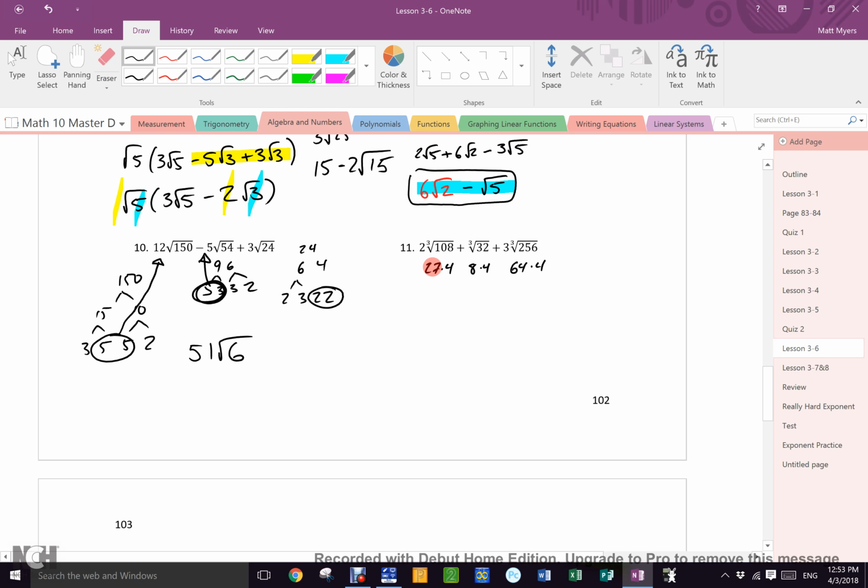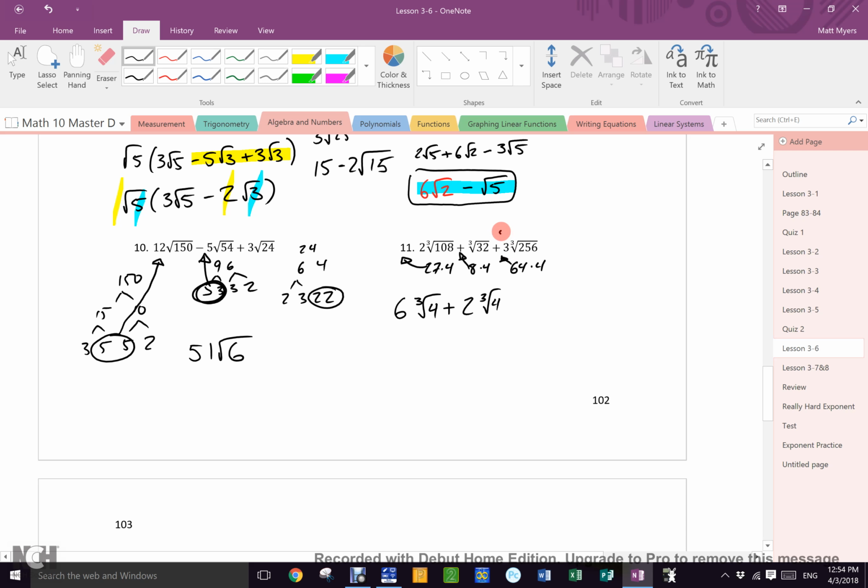Cube root of 27 is what? 3. So what comes out? 3. What's already out there? So what do I got? 6 cube root 4. Plus, what's the cube root of 8? 2. What's already out there? Nothing. So it's 2 cube root 4. What's a cube root of 64? 4.